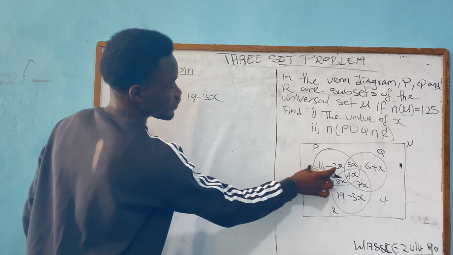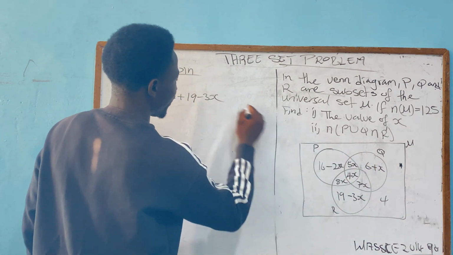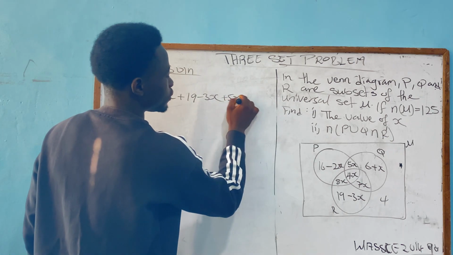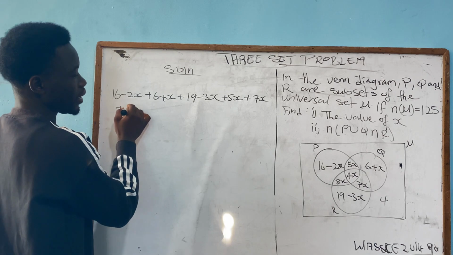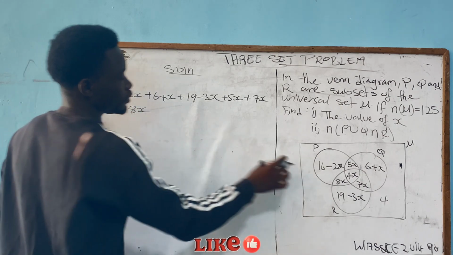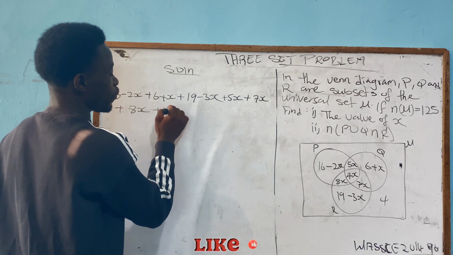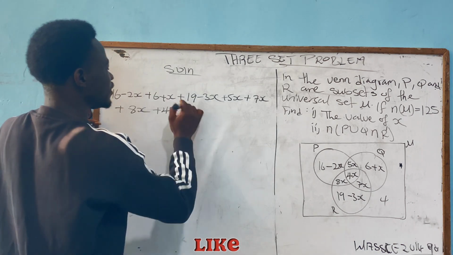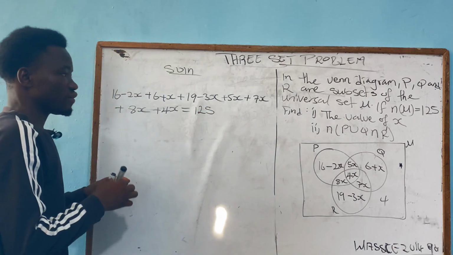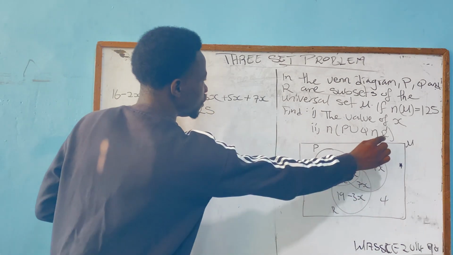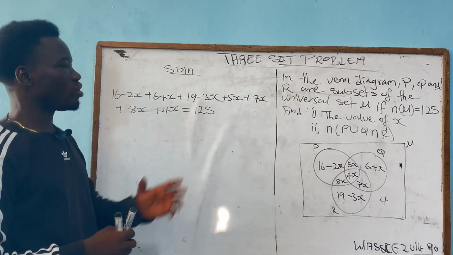So I've added these columns, and I come to this one too: 5x, plus 7x, plus 8x. That's this 3 plus the intersection, which is also 4x. Everything that I've added should give me 125, because that's the universal set. So everything inside here should give you the universal set, and we now start adding all of them.